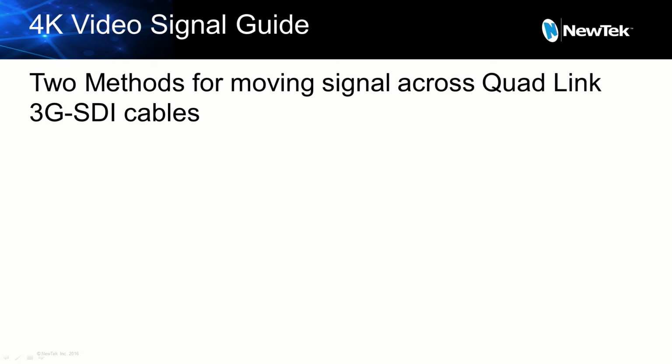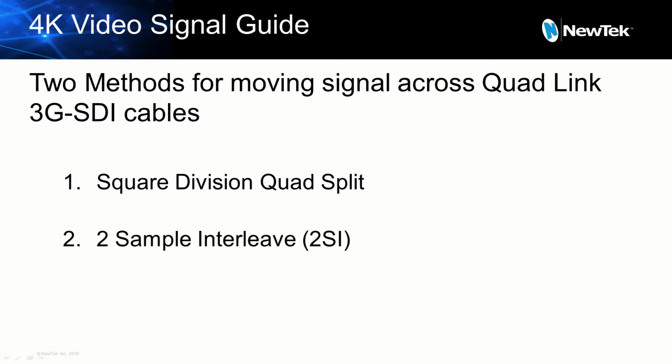Now, with the quad link, which is what we are using, there are 2 methods of transporting a signal down that quad link set of connections. The first method is called square division quad split, and the second is called 2-sample interleave, or sometimes you'll see it shortened down to 2SI.